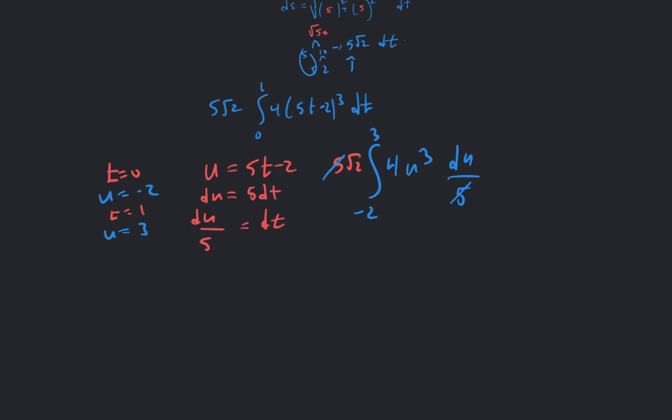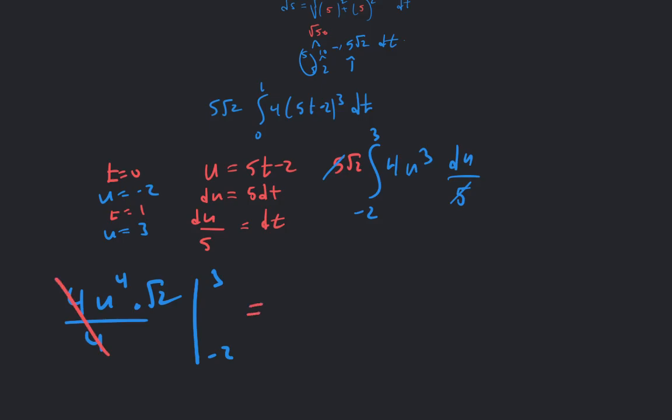So now when we integrate, 4 divided by 4 times the square root of 2, evaluated from negative 2 to 3, cancel those out.